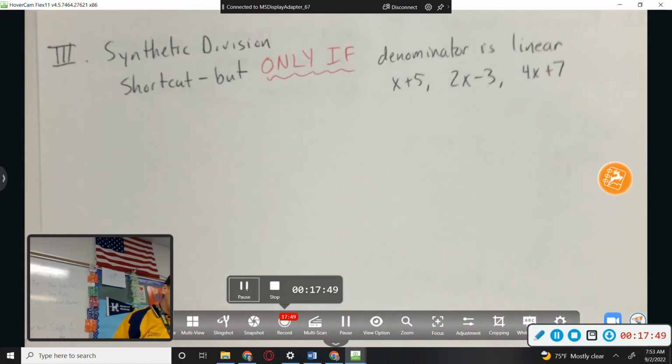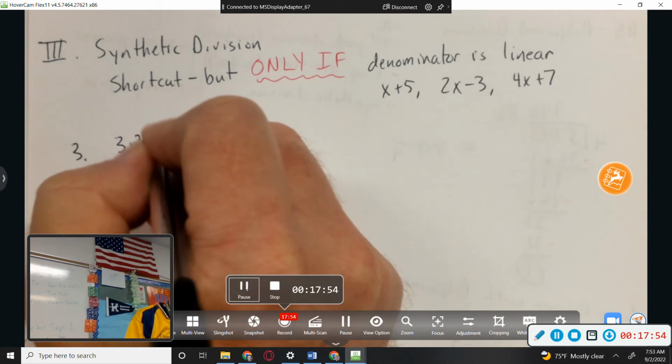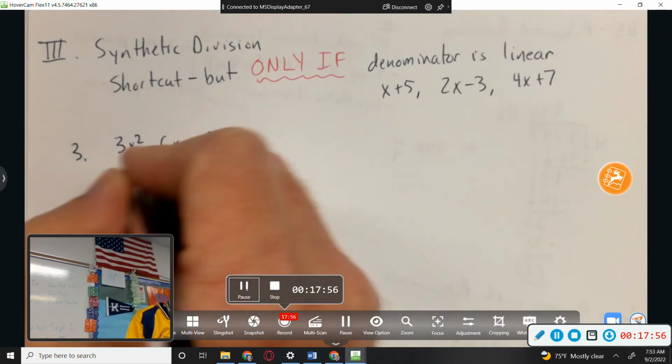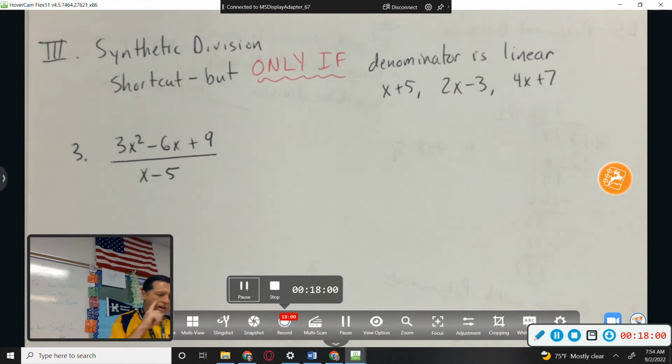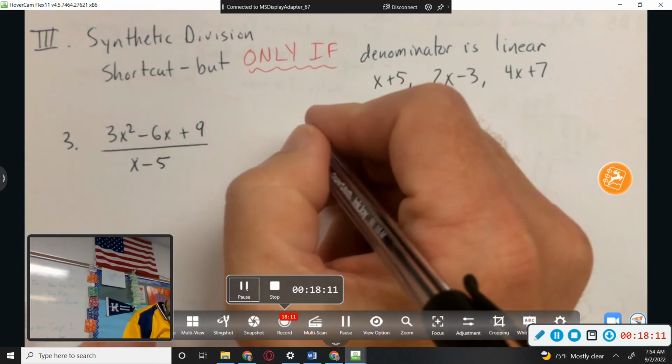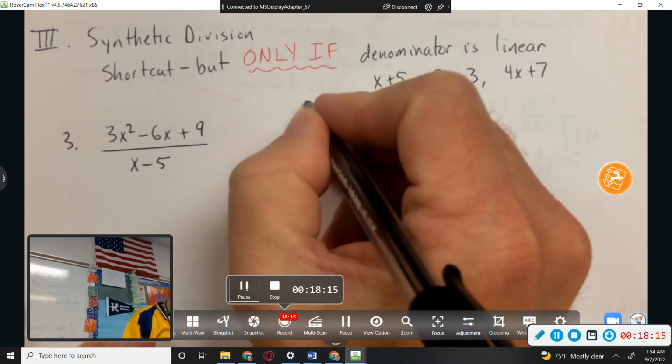We left off at number 3. 3x squared minus 6x plus 9 divided by x minus 5. Okay, so I'm guessing, I don't know, maybe honors did this, maybe not. We'll start by writing down the coefficients, but just the coefficients.